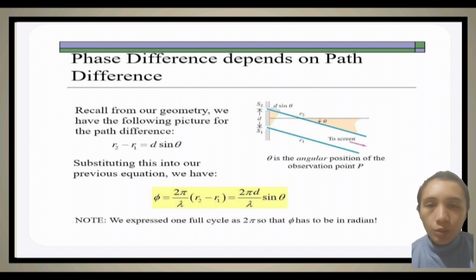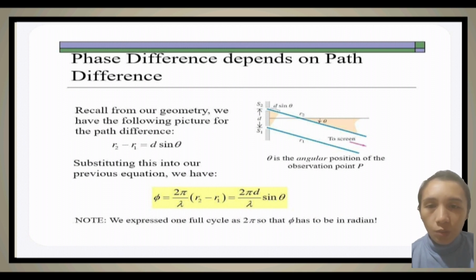Recall from our geometry, we have the following picture for the path difference, where theta denotes the angular position of the observation point P, and in the equation r sub 2 minus r sub 1 is equal to d sine theta.